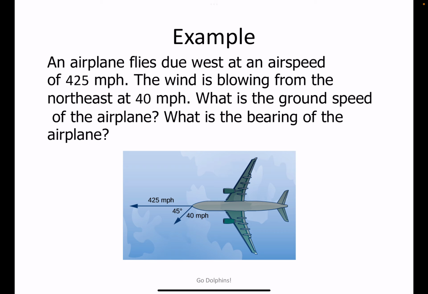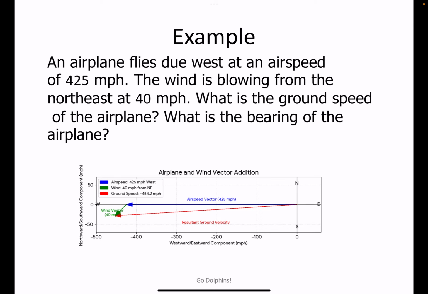Blue is speed of the airplane, 425 miles per hour due west. Wind is 40 miles per hour due southwest. The wind is blowing from northeast, right?